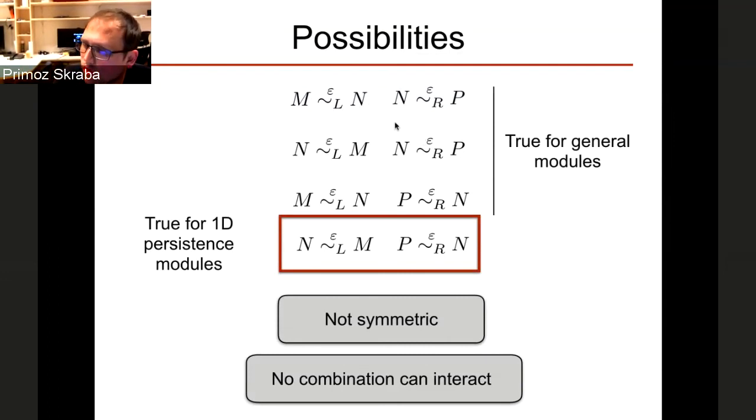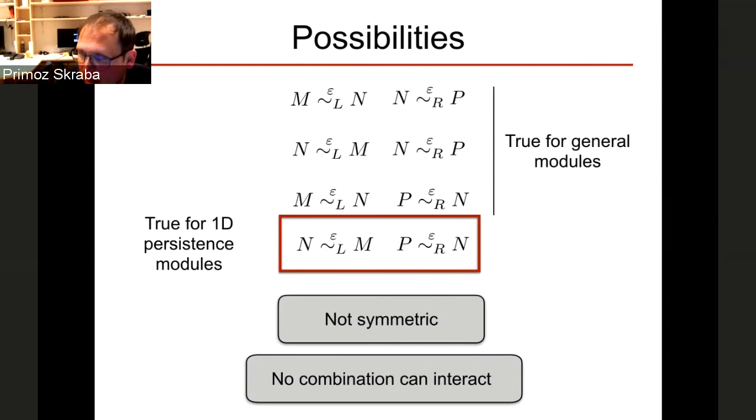So these first three compositions are actually true for very general modules. In none of these things do we actually need a persistence diagram to exist, but this would hold even for homology over some more complicated ring.